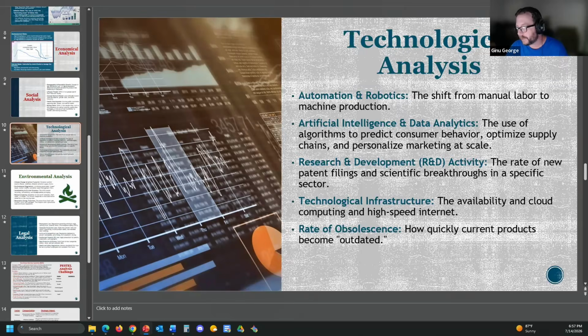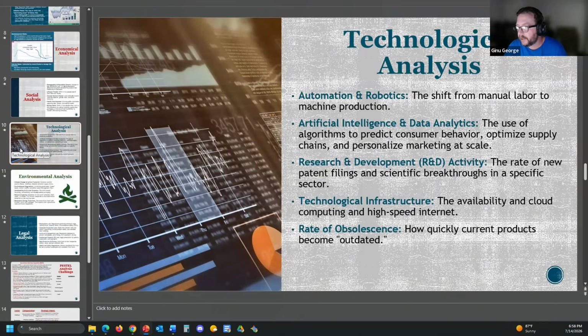Same thing happens with different technologies. When I was growing up, we used VHS videotapes to watch movies. Then we switched to DVDs. Now everything is streaming, and I don't even think I have a DVD player anymore. DVDs, VHS tapes, VCRs are obsolete. So part of the PESTEL here is that technological influence.